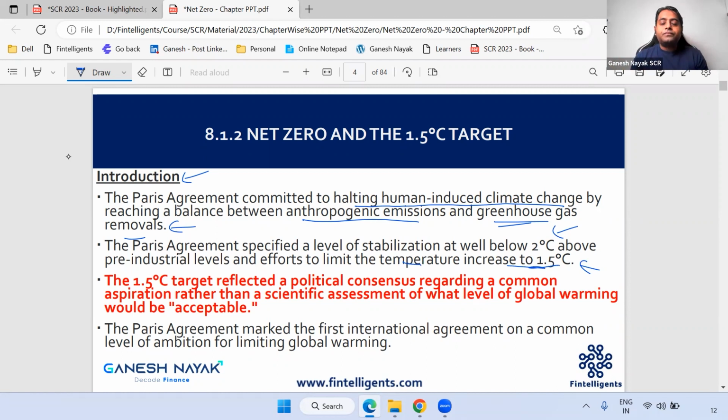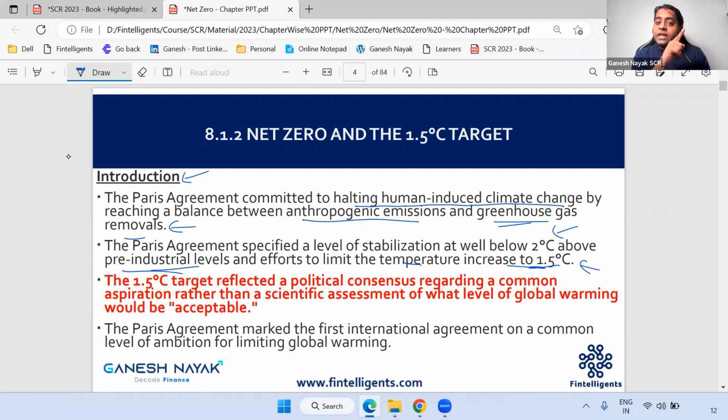What the Paris Agreement is indirectly telling you is that the best effort should be to keep the temperature increase to 1.5 degrees Celsius, but even if it goes to 2 degrees Celsius, we are okay with it. This will also help us to stabilize the temperature at that level. Okay, and whenever we're talking about this 1.5 degree, 2 degree, we are giving a reference of the pre-industrial level.